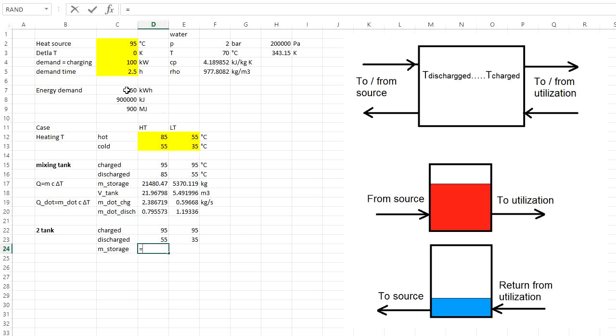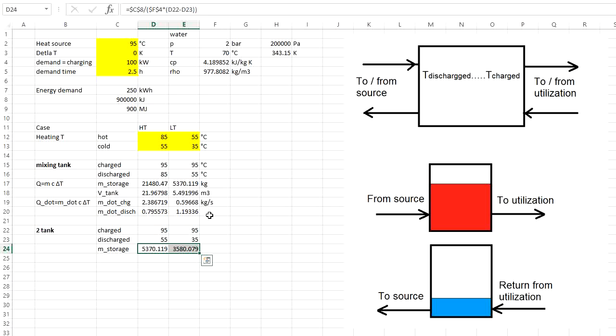So it's the thermal capacity, 900 megajoules, divided by specific heat capacity times temperature difference between charged and discharged states. So here we have 5.3 tons, and in the second case just 3.6 tons.